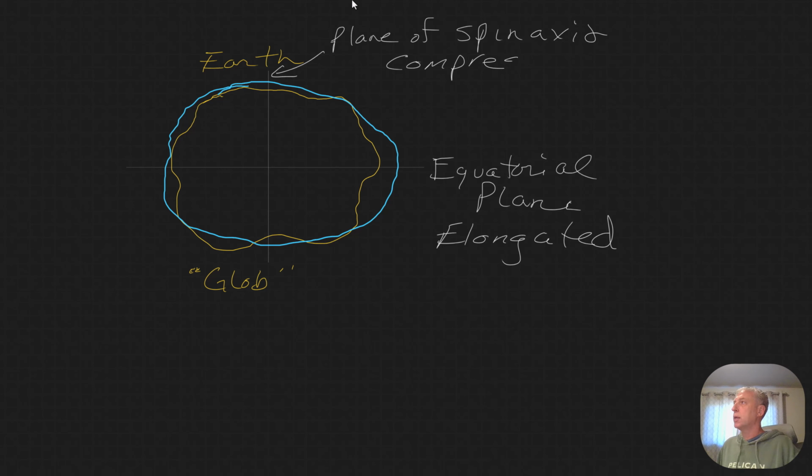Now, obviously, if we consider the, I don't want to say radius, but the length along the equatorial plane, it's going to be greater than the length along the plane of the spin axis, isn't it?